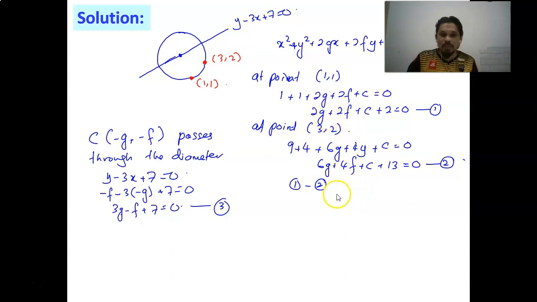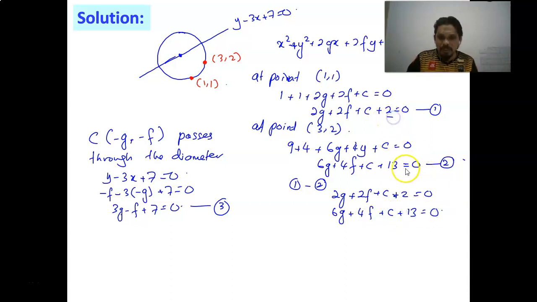Equation 1, 2g plus 2f plus c plus 2 equal to 0, and then 6g plus 4f plus c plus 13 equal to 0.